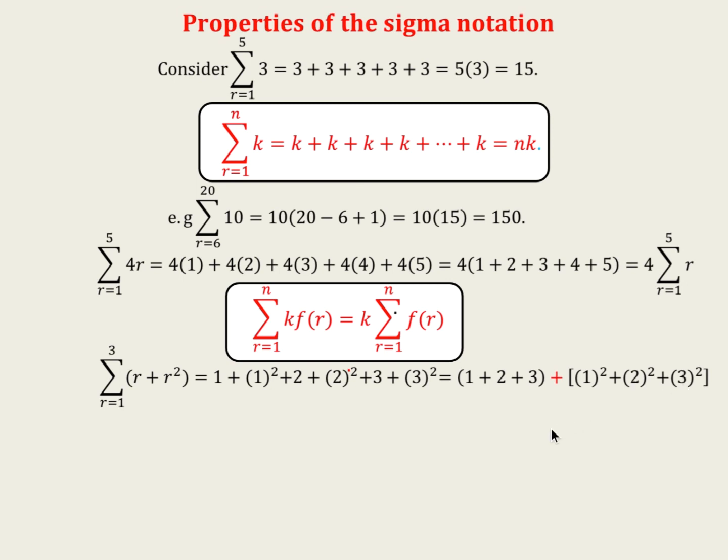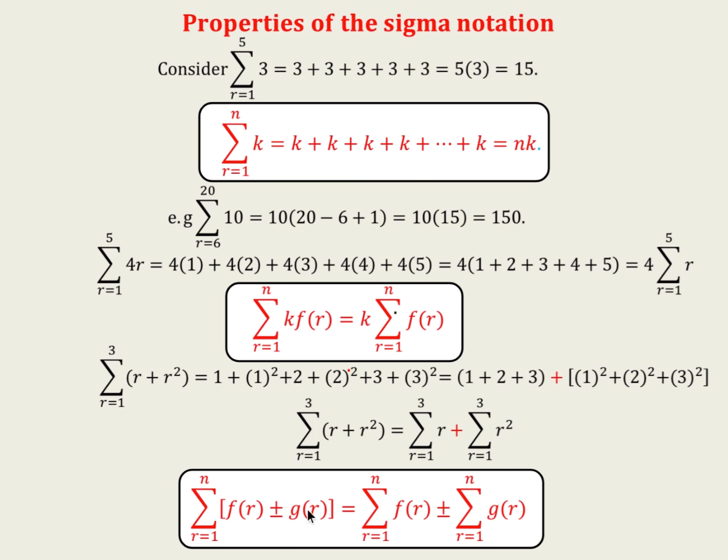And we can notice that the first group is the summation from r equals 1 to 3 of r, while the second is the summation from r equals 1 to 3 of r squared. So a general formula can then be written as summation from r equals 1 to n of f of r plus or minus g of r being equal to summation from r equals 1 to n of f of r plus or minus summation from r equals 1 to n of g of r.